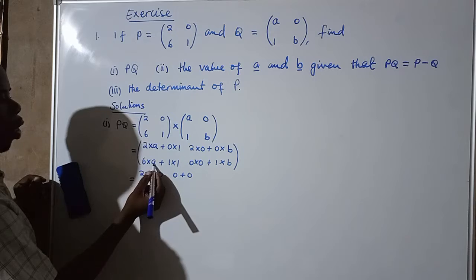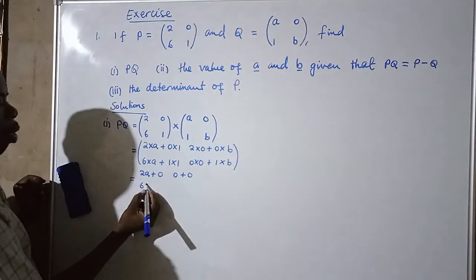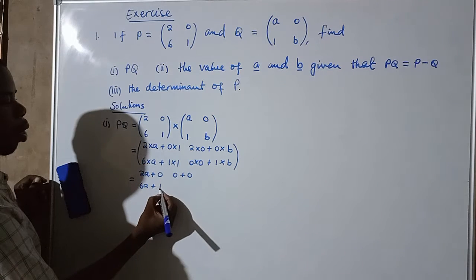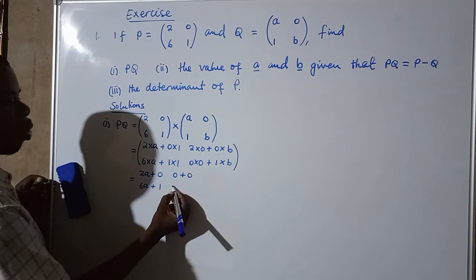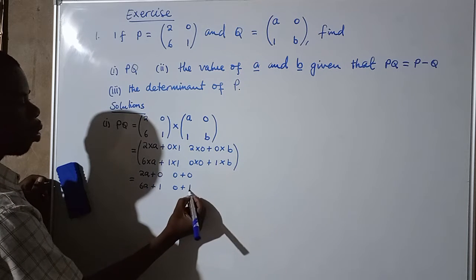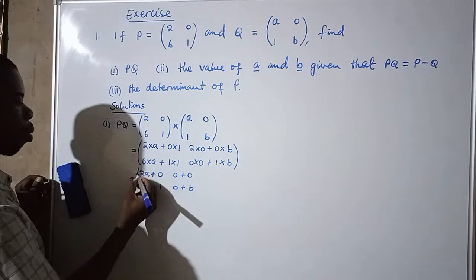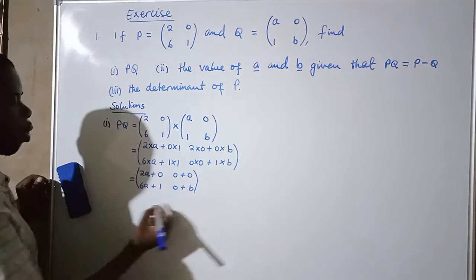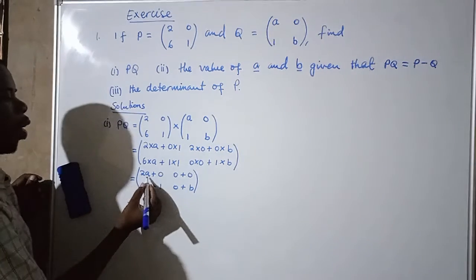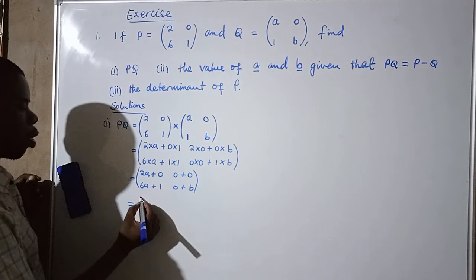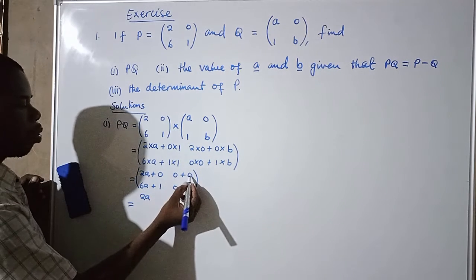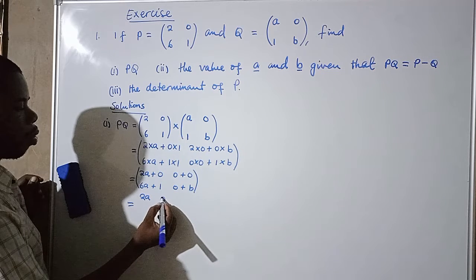Then 6 times A is 6A, plus 1 times 1, it will be 1. Then 0 times 0 is 0, plus 1 times B, it will be B. Now 2A plus 0 just gives us 2A, and 0 plus 0 just gives us 0.